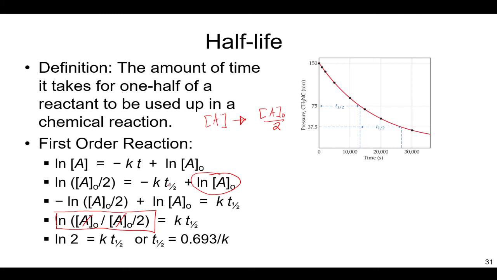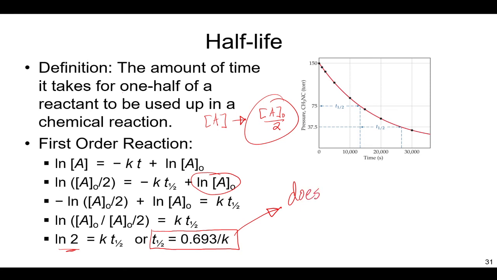So we've done some basic algebra here to get rid of our negative signs, to combine natural logs. I don't want you to get hung up on the mathematical manipulation as much as the end result that our half-life time, the amount of time it takes to cut that initial concentration in half, is 0.693, which is natural log of 2, divided by the rate constant.